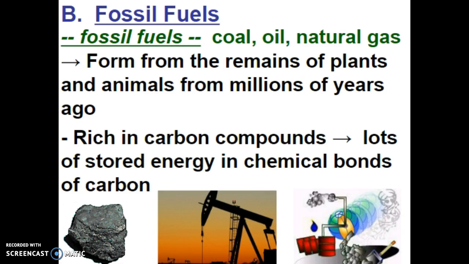So fossil fuels are very rich in carbon compounds. Remember, carbon is a very versatile element, and it bonds very strongly to other elements. So strong bonds mean lots of stored energy, and likewise, when the chemical reaction happens, lots of energy is released.